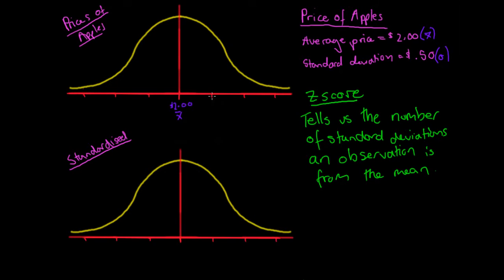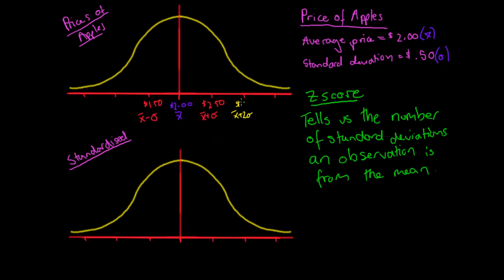So at this red marking, there would be X bar, which is the mean, plus 1 standard deviation, and that would be equal to $2.50. Down here, because of the properties of symmetry, we'd have our mean, X bar, minus 1 standard deviation, at $1.50.